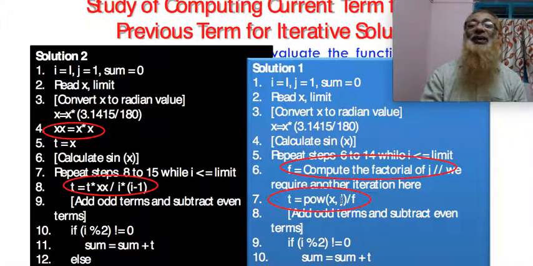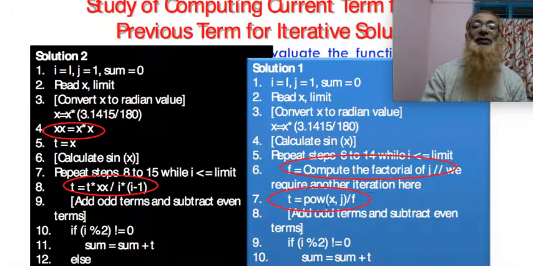Then we compute x cube from scratch. Then we compute x raised to 5 from scratch without capitalizing on the earlier computations. X raised to 3 is computed for the second iteration. Still, in the third iteration, we repeat the power calculation again.